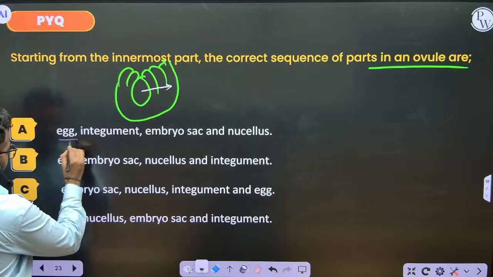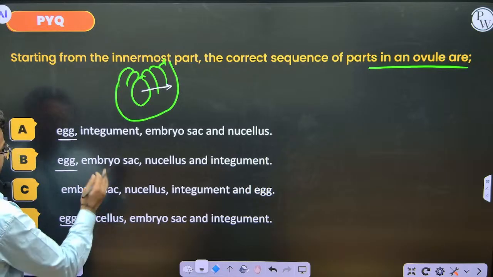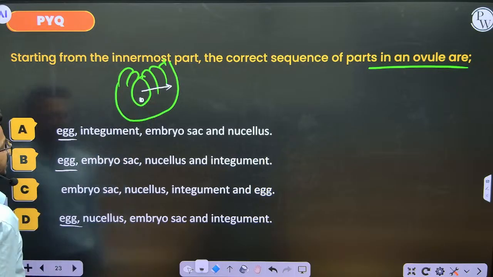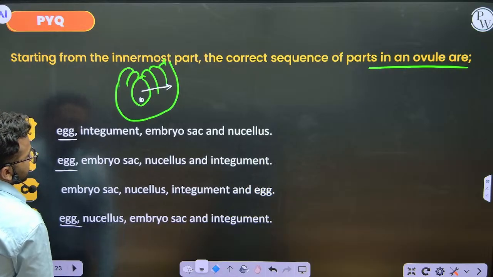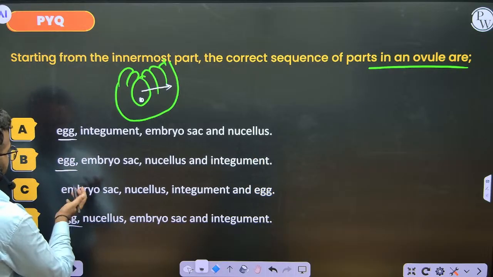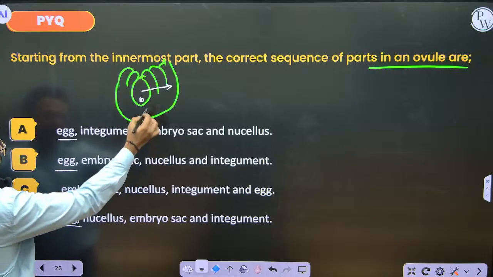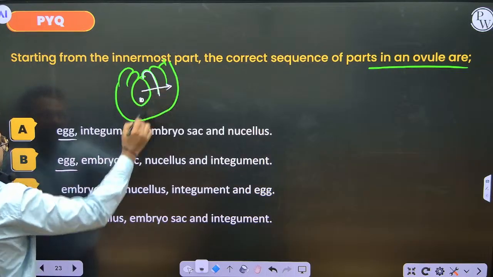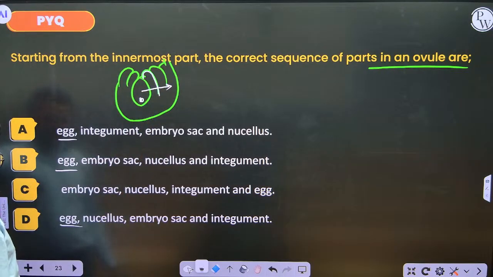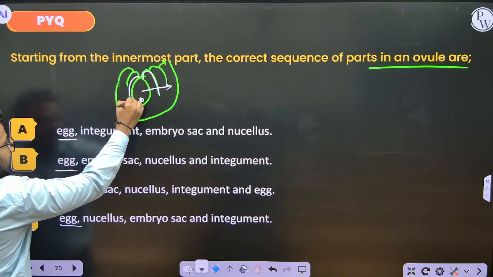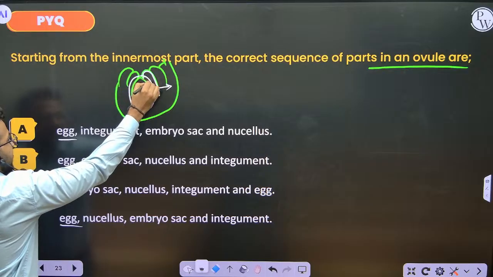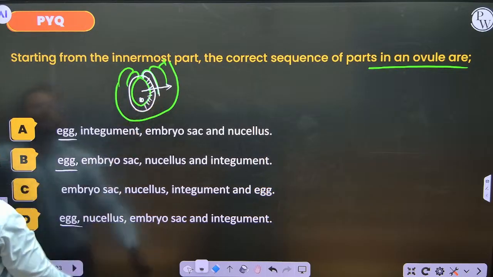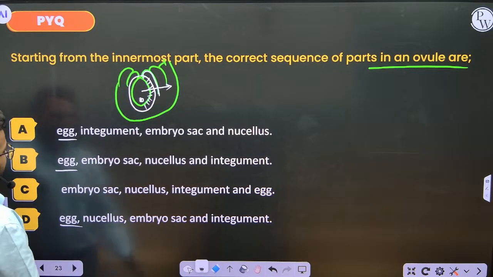The egg is present inside of this, so the egg will be the first one, innermost. Next to that, this is the inner integument. Before the inner integument, there is a layer of nucellus cells.